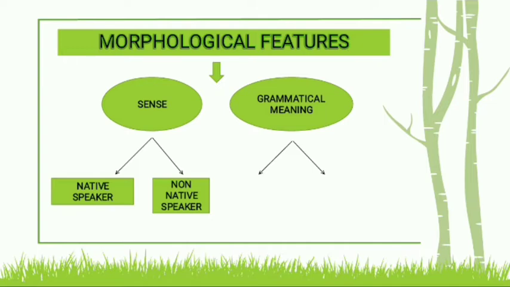And then grammatical meaning relates the sense to the grammatical concept. For example, book is the sense, and we can relate the sense with grammar concepts. Book becomes books. There is an s at the end of the word book. It means plural, that is, more than one book. So that is the grammatical meaning.